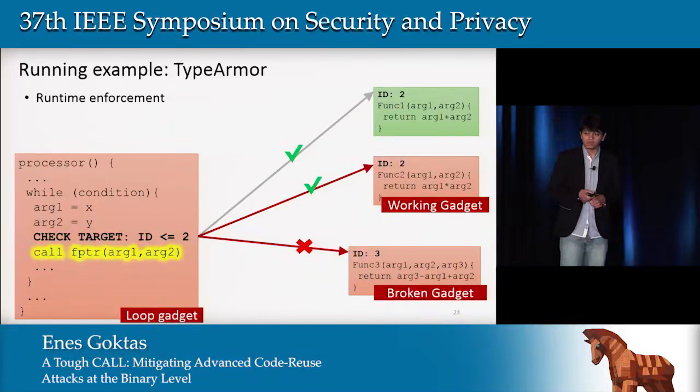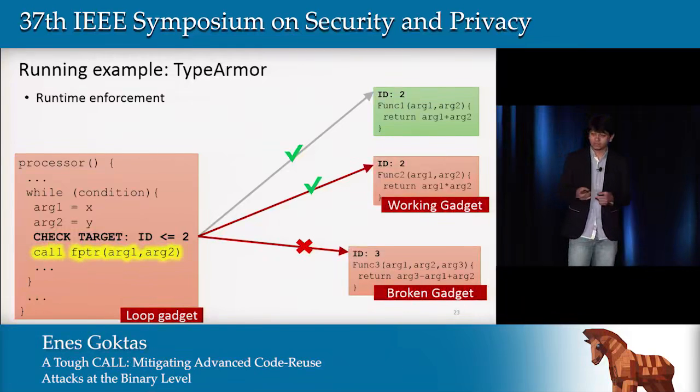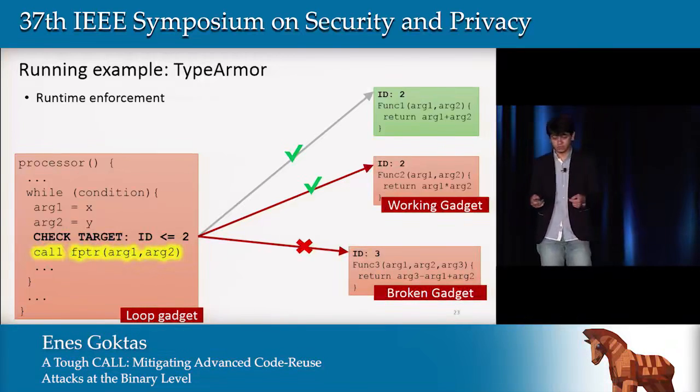So once we have this information, how do we enforce the matching during runtime? We insert checks before the indirect calls, and we insert the IDs, which are the expected argument counts, at the functions, before the function entry point.